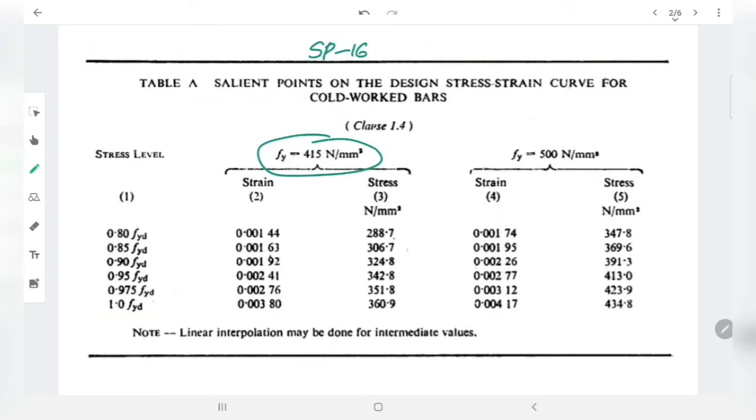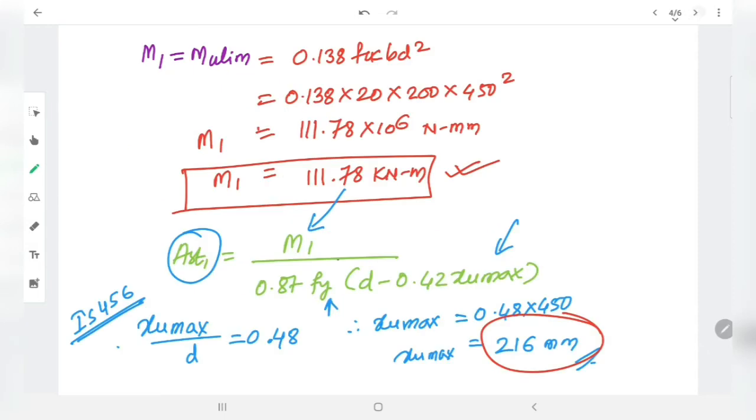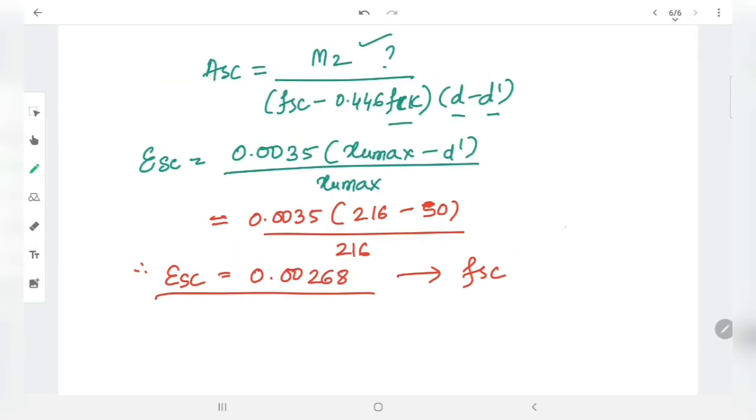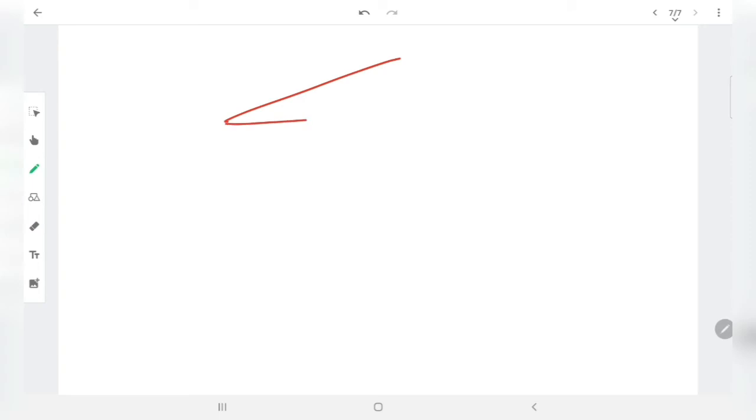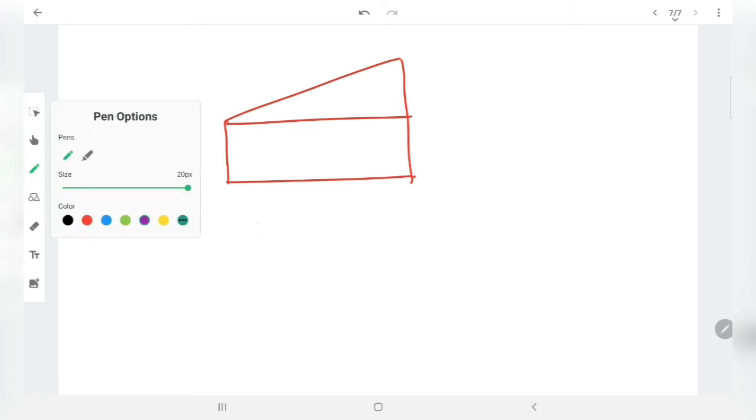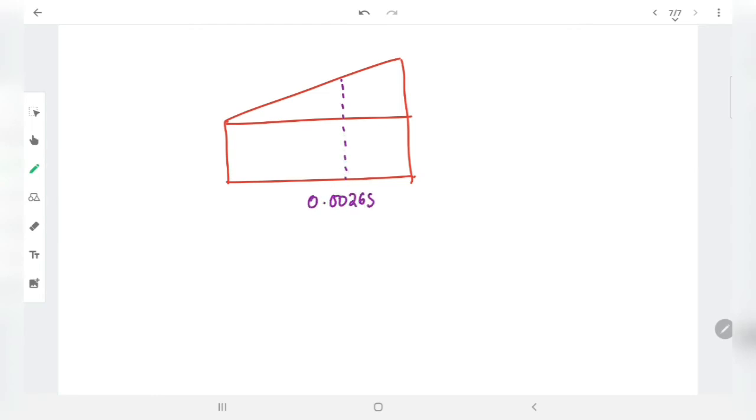Here we have a chart. 0.00268 falls in between these two. Now I'll draw a similar triangle chart. Better I will go to a different page. Our value is 0.00268.